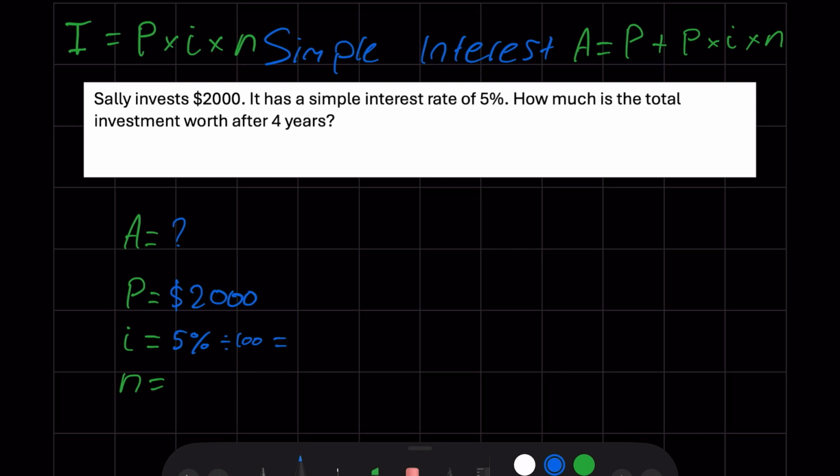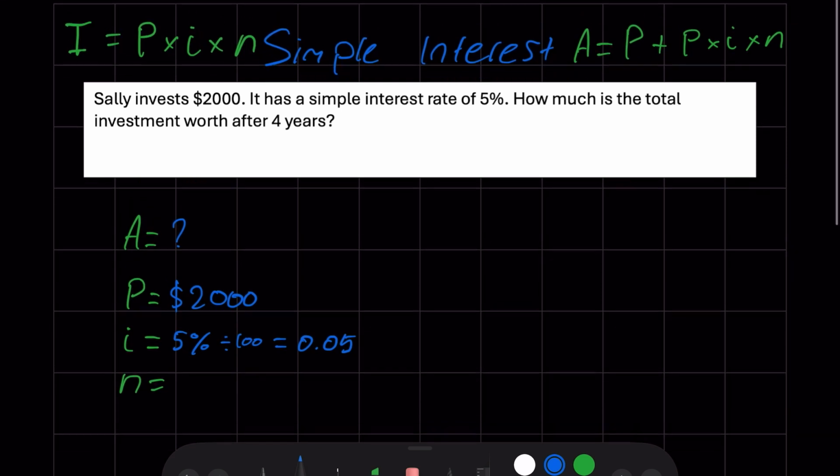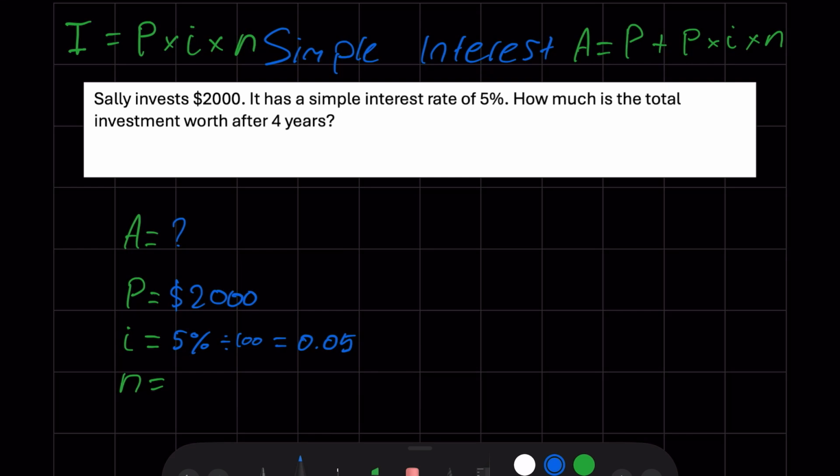In my calculator, you can see I go 5 divided by 100, and this gives me 0.05. And finally, if you look in the question, it says how much is the total investment worth after 4 years? So N is equal to 4.